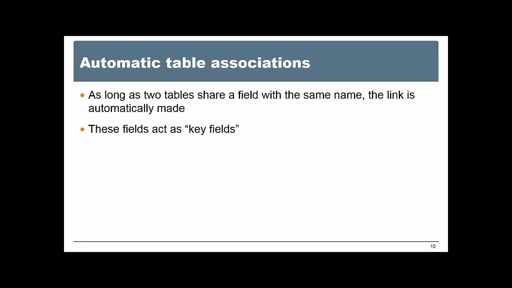These are what we call key fields. So if I have an employee ID field in one database and an employee ID field in another database, those two databases can contain wildly different information. But as long as that employee ID exists in both, all you have to do is point to those files and they will become one single unified data model within the QlikView world.